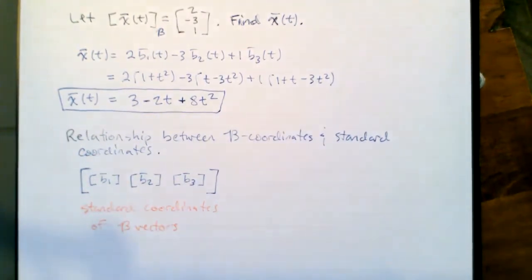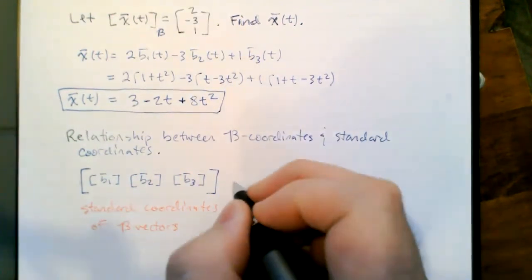That matrix is the standard coordinates of the B vectors. The equation that we solved before was this matrix multiplied by the coordinates of p relative to B, and that gave us the standard coordinates of p. That's the equation that we solved before.